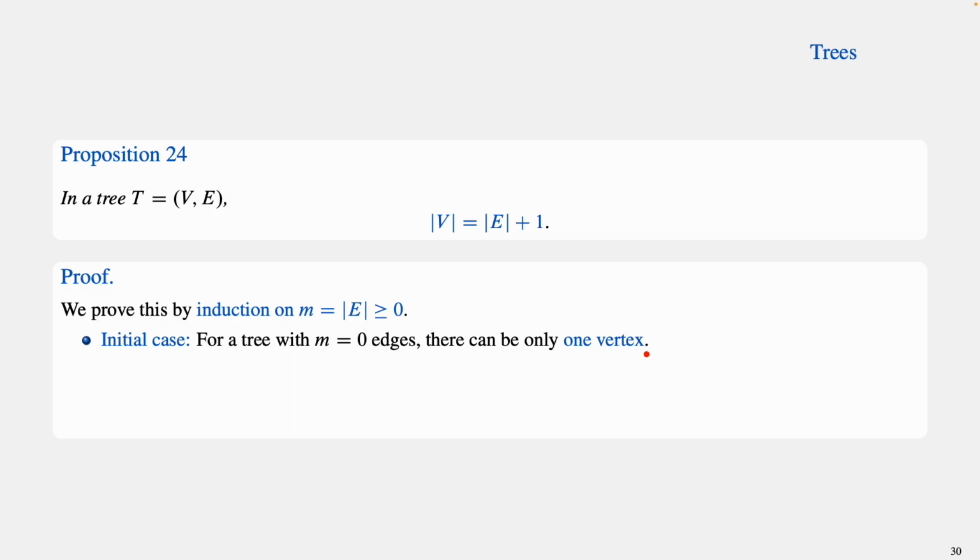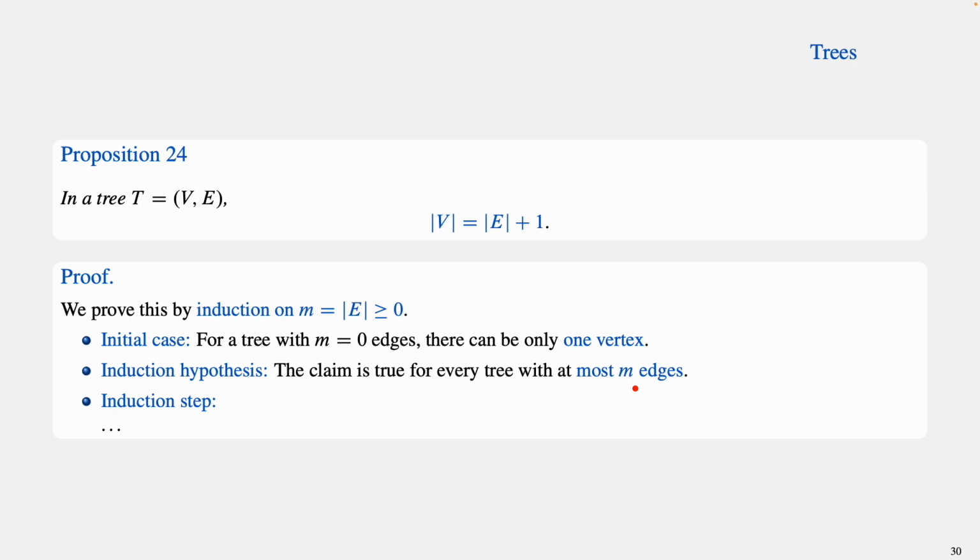Because if we had 2, then we would have 2 unconnected vertices, and that would contradict the definition of a tree. So there can be only one, so we would have one vertex, and that's 0 plus 1. Perfect. The induction hypothesis is simply that this claim here is true for every tree with at most m edges.